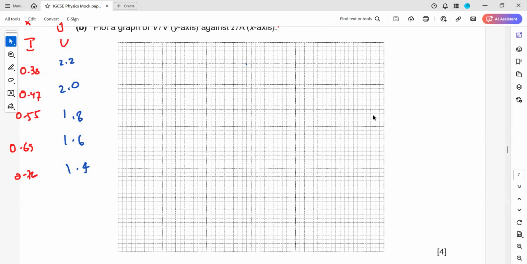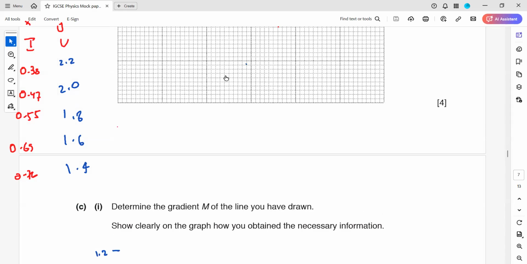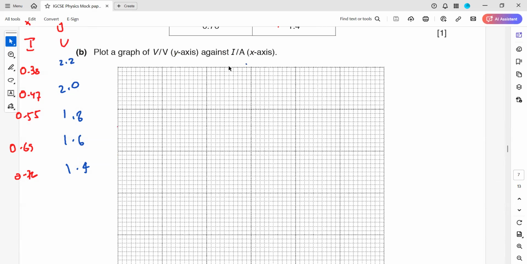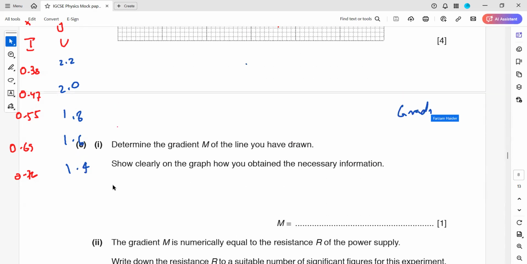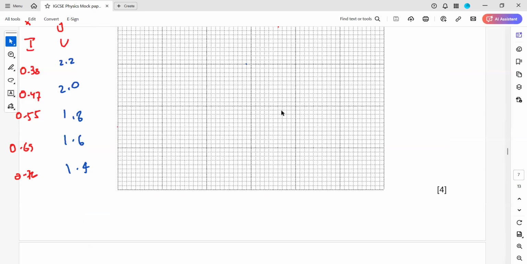And now before you plot or select a scale, just a minute, I'll scroll down for one thing. To know whether the graph should be a straight line, before you sketch or plot a graph, you try to read the next part. You can see determine the gradient of a line you have drawn. Because they mention a gradient in the next part, definitely it should be a straight line.